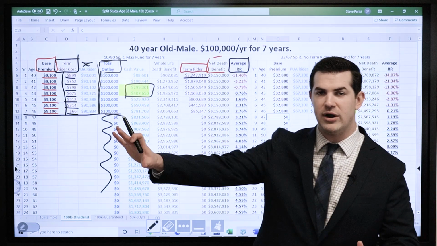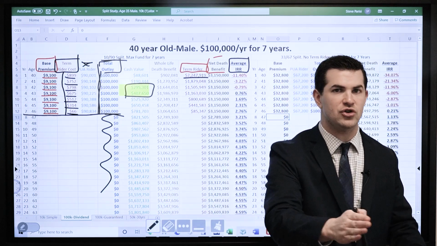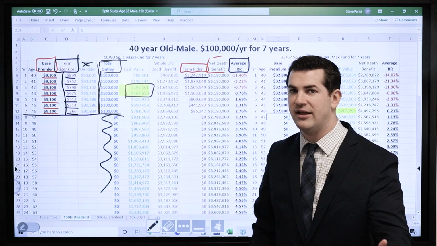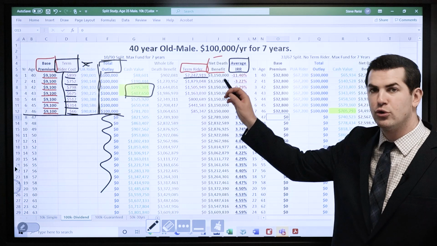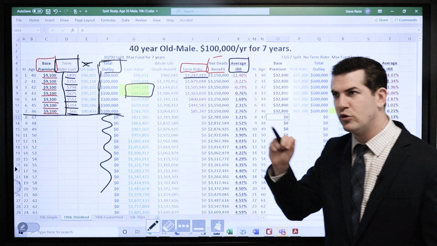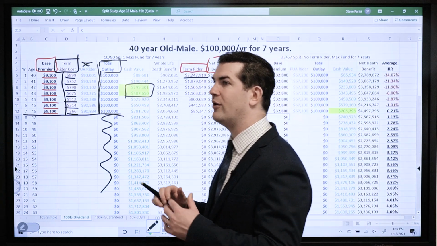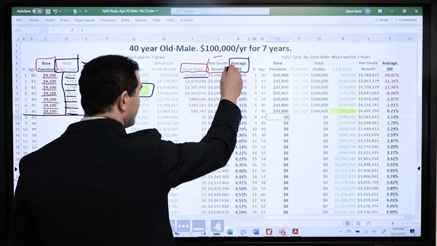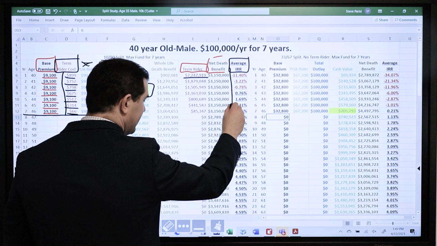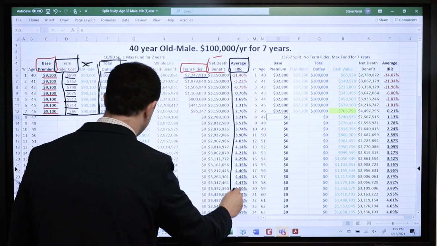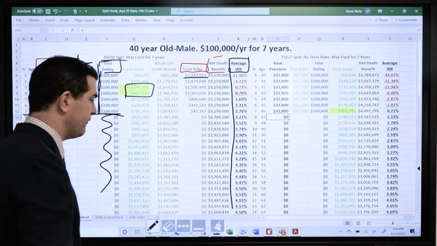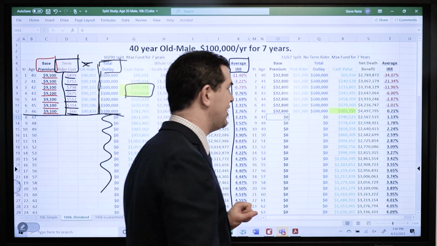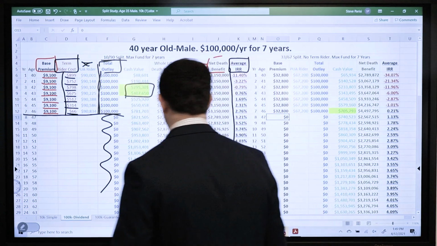That is a gross rate credited after the insurance expenses, after the mortality charges. The net internal rate of return sheds more light or provides more transparency on the actual growth of the policy over time. So here we go. Average IRR, factoring in all the years, as we scroll down here, tops out around 4.6% in this example.